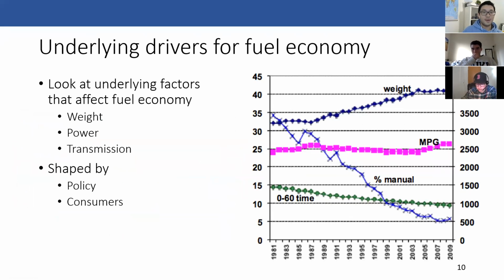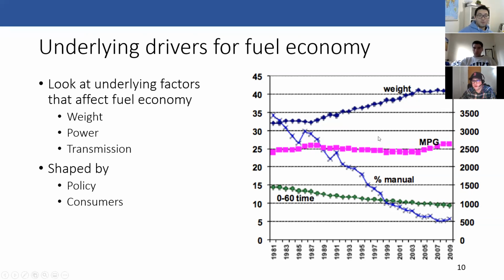What ended up happening is that because the stringency of those policies was no longer binding for automakers, they were able to put their technology improvements into other aspects of the vehicle while keeping the fuel efficiency relatively flat.